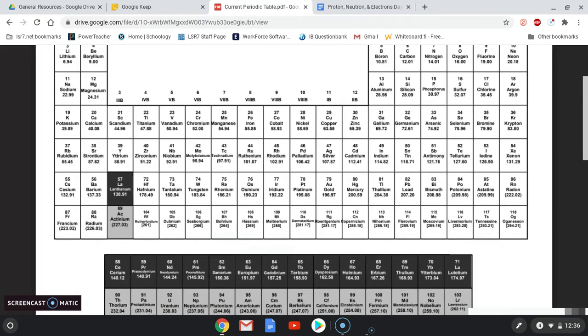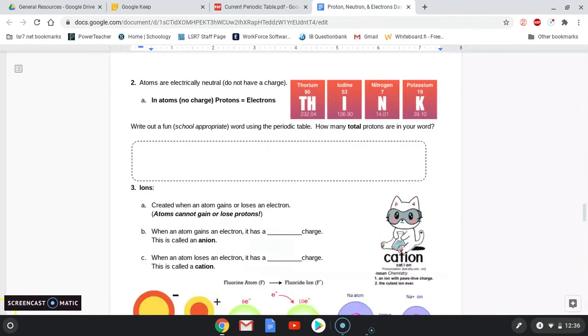So if we want to figure out how many electrons an atom of nickel has, well, it has 28 plus ones, so it needs 28 minus ones. We learned that the minuses are electrons. So if I've got 28 plus ones, I need 28 minus ones to cancel them out. If it's an atom, then those are going to be the same.